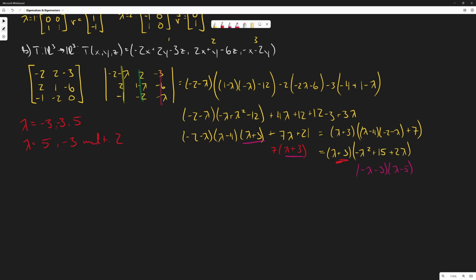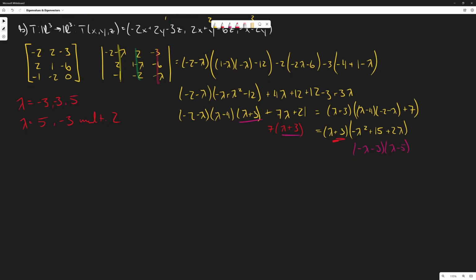So now we have to find our eigenvectors, and we'll pretty much be done. We can do the easiest one, which is when lambda is equal to 5. And so that will give us a negative 7, 2, negative 1, 2, negative 4, negative 2, negative 3, negative 6, negative 5.